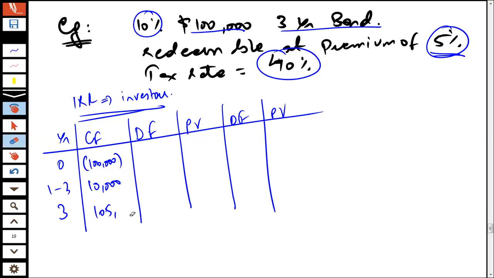The best way to calculate the IRR is to use a discount rate of 10% first. The annuity factor is 2.486 and the discount factor for year 3 is 0.751.